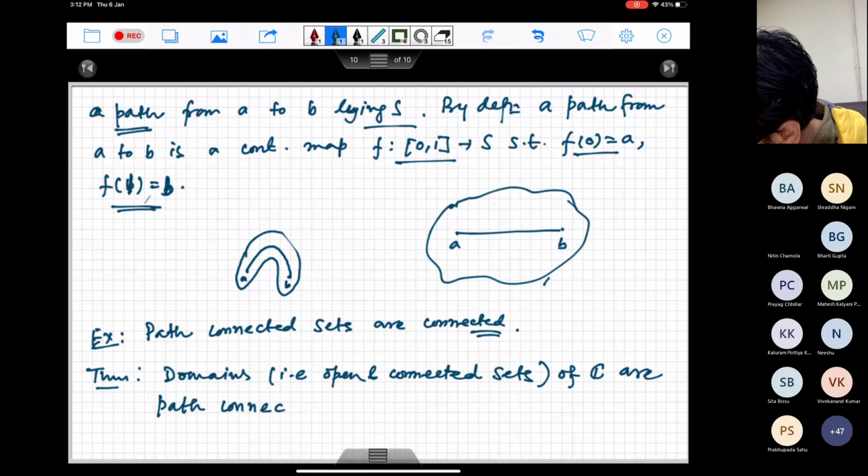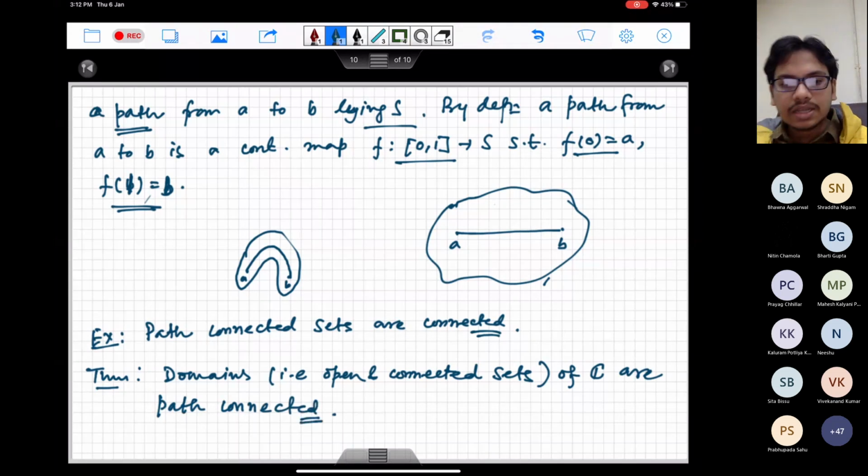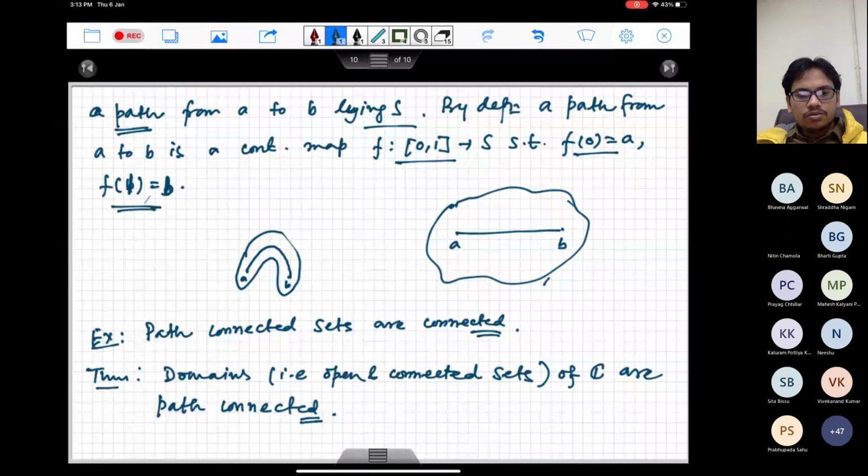Okay, so what I'm saying here is that if I start with an open and connected set, then it's going to be path connected. As far as open sets are concerned, there is no difference between connectedness and path connectedness. So if you are looking for an example of a connected set which is not path connected, you must not take an open set, because it's not going to work out.